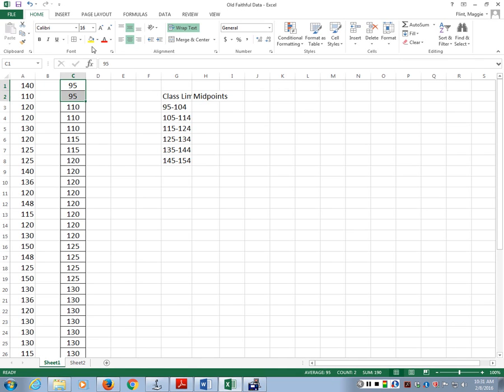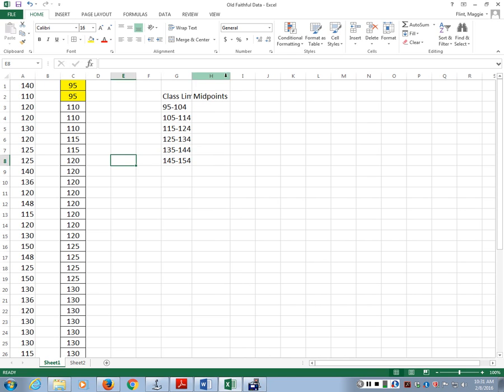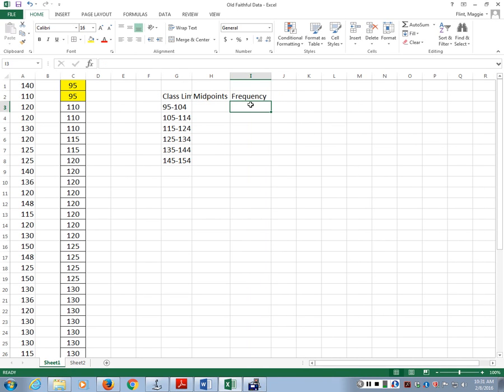In order for me to remember that I did those, I'm going to fill those cells with a color so that I know I've already counted those. I don't care what color you use, whatever color you want to. But I know that there's 2 of those. So my frequency here was 2 for that one.